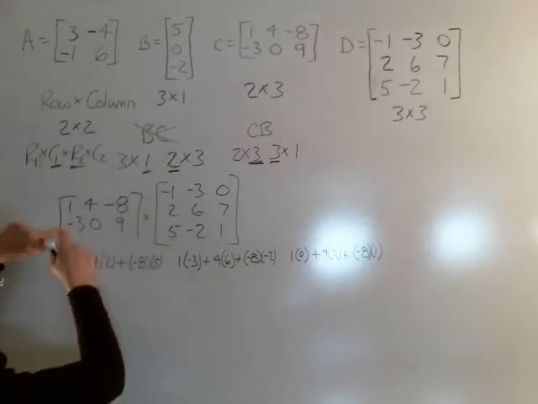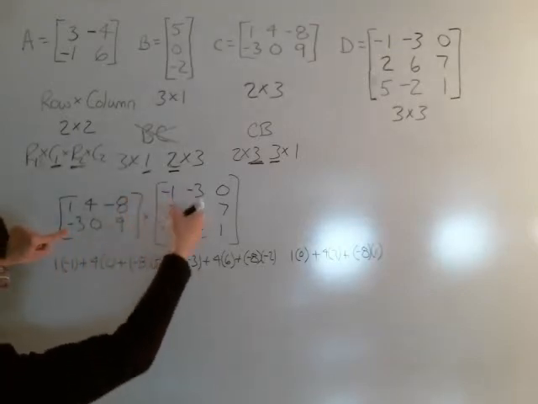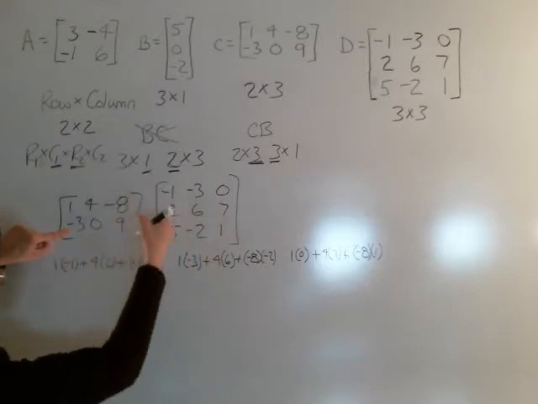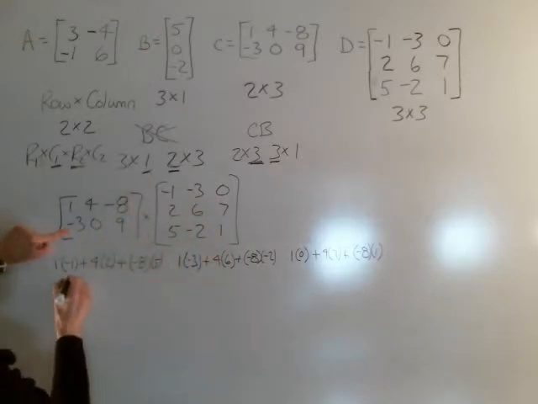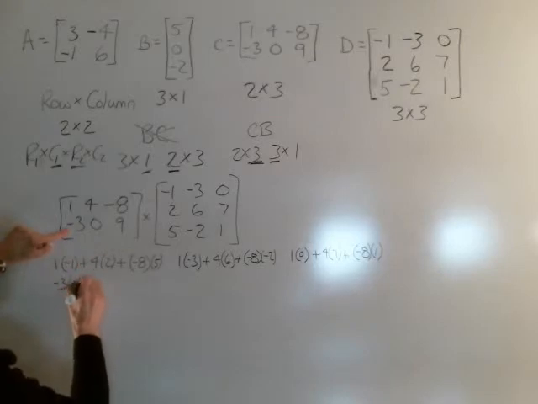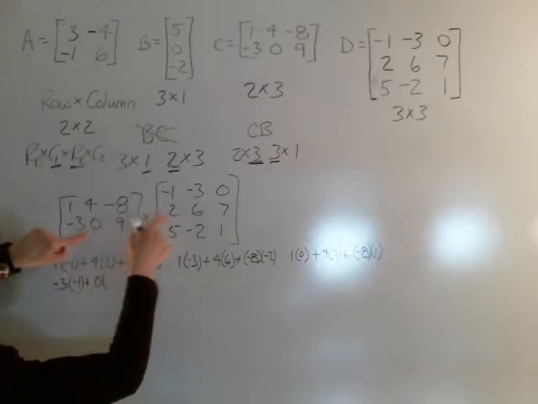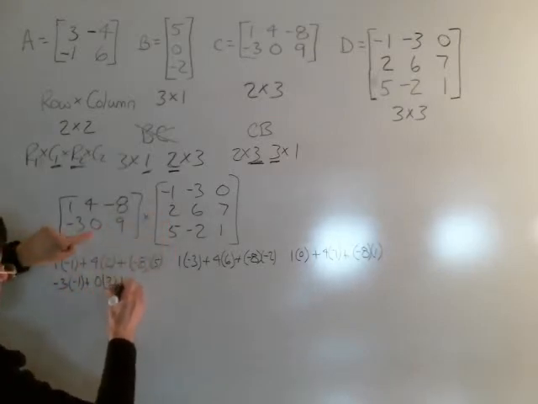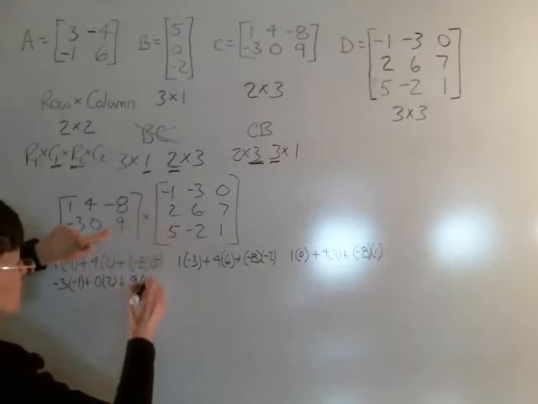Now, to get my next answers, I take my second row and multiply by each one of these columns. My second row times the first column gives me negative 3 times negative 1 plus 0 times 2 plus 9 times 5.